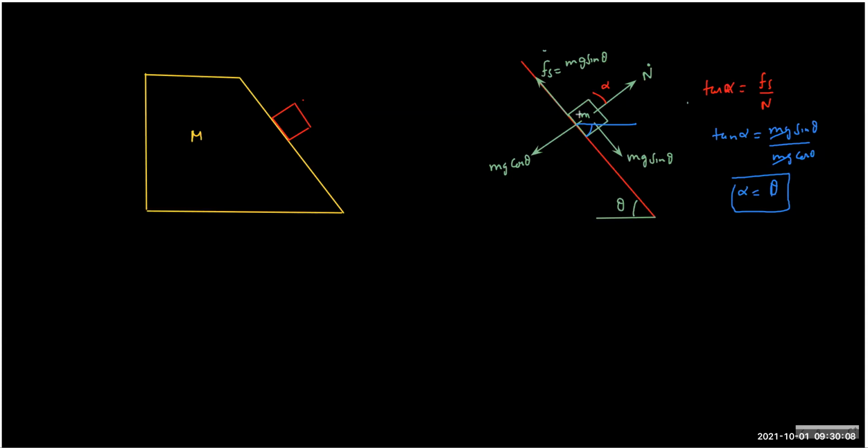If I draw an exactly vertical line, you can clearly see this is 90 minus theta, this is theta. So what I have proved is that N and Fs together create only one force, which is acting vertically up. The reason is that mg cos and mg sin have the resultant exactly like this. This is mg.